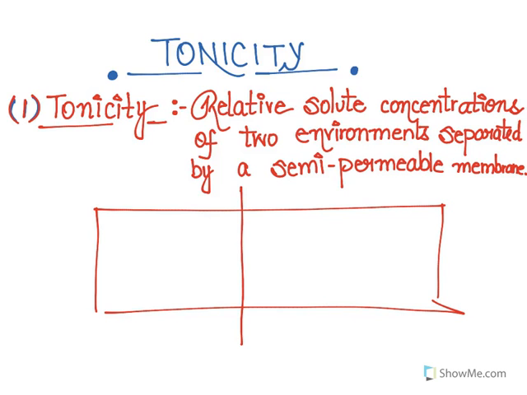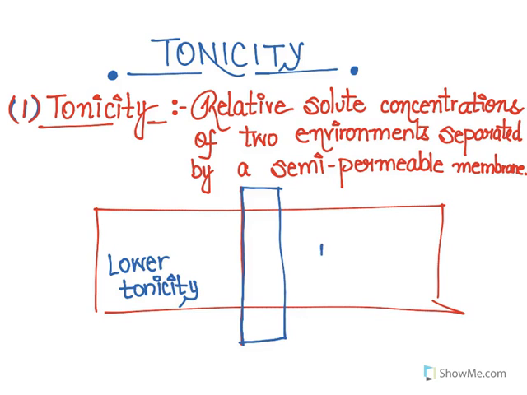And in the middle, let us say we have a semi-permeable membrane right here. And this area has a lower tonicity and this one has a higher tonicity. And by that, what does it actually mean?